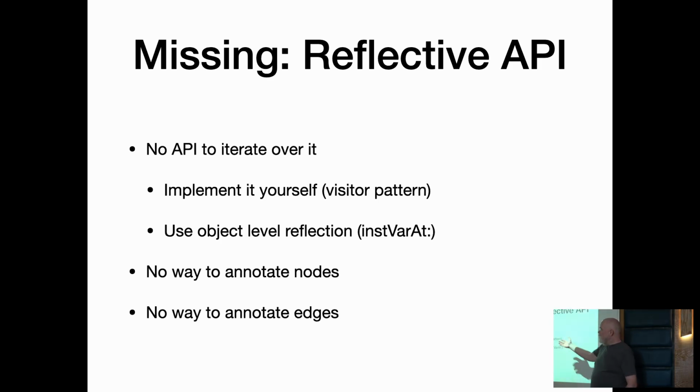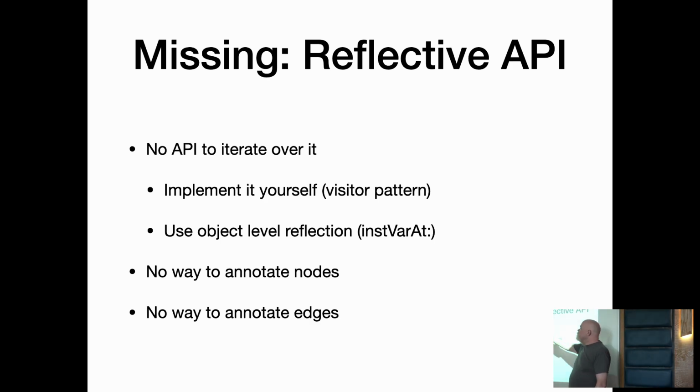There is no reflective API that deals with the graph as a graph. So we have, for example, no API for iteration. You would think that, if I have a graph, it should be like in a graph database. It should be possible to reason about that graph, to iterate over it. So here's a block, here's a root, this is the condition, do it, VM. I don't care. Without even sending messages, maybe.